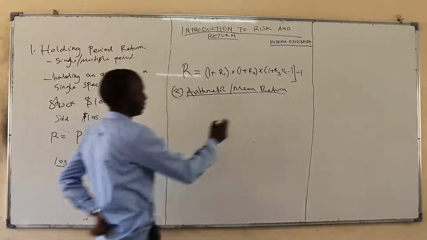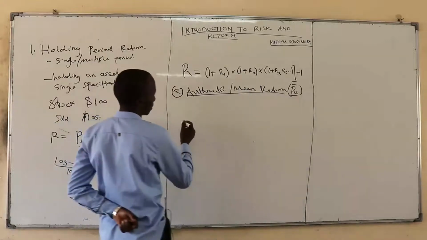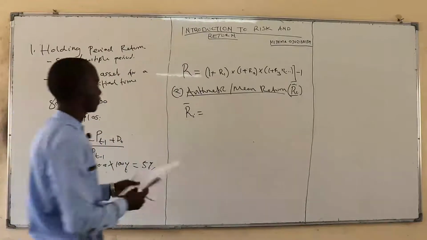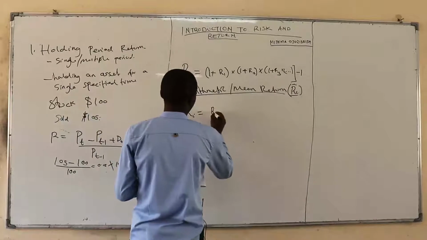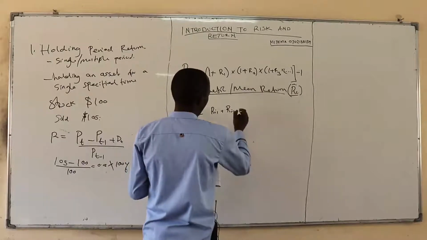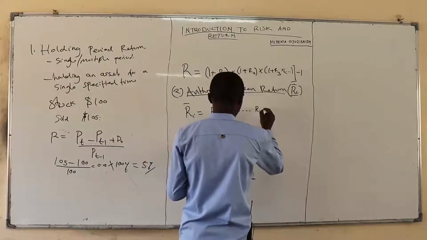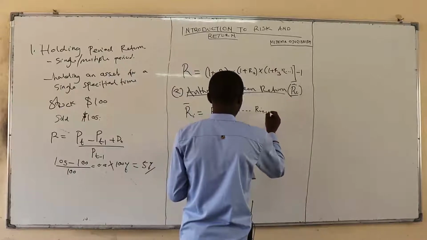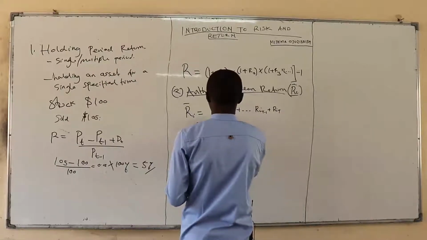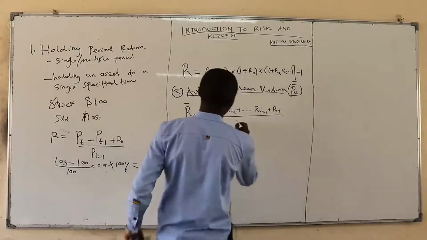It's denoted by this, and the formula of calculating the arithmetic mean return is R-bar equals the return of the first year, plus the return of the second year, plus the return of the third year, then you divide by T, where T is the number of periods.